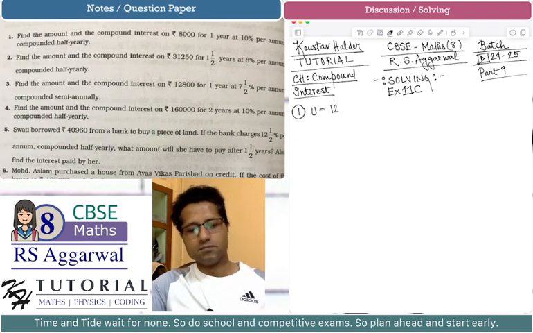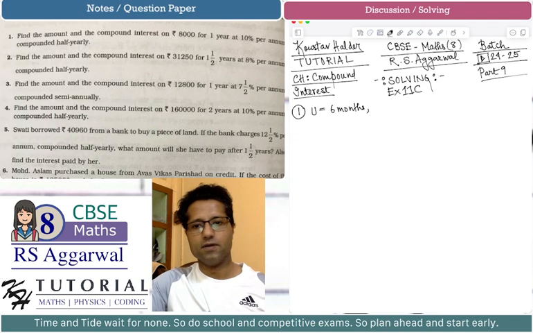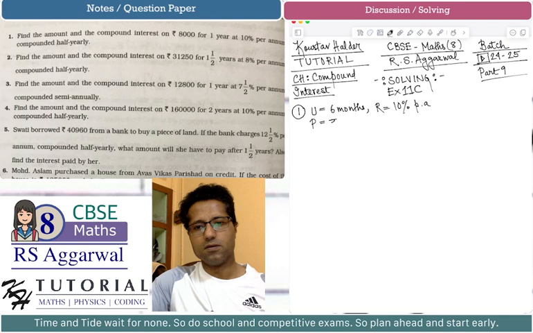In this problem it is 6 months. R, the rate of interest, is given to be 10% per annum. The principal is rupees 8,000 and T is 1 year.